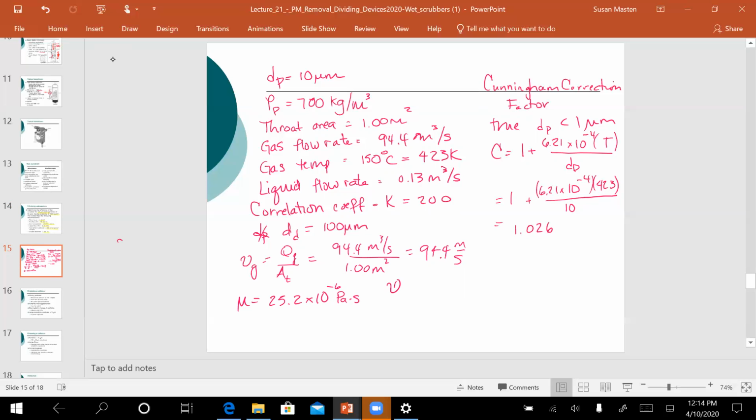So this inertial impact factor, we need to multiply the Cunningham correction factor times the density of the particle times the velocity of the gas times the diameter of the particle squared, divided by 18 times the diameter of the droplet times mu. So notice that looks a bit like Stokes' law.